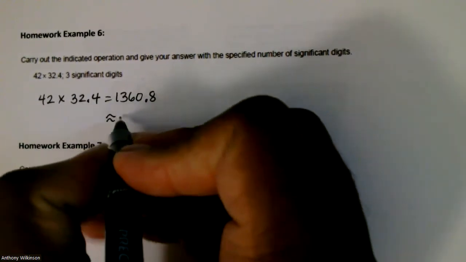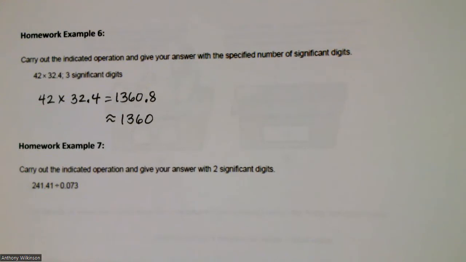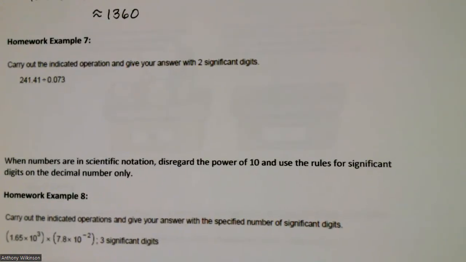So this will be approximately 1360, and that's without the decimal point. So it'll be 1,360 for our answer rounded to 3 significant digits. Okay. All right, example 7, same thing.